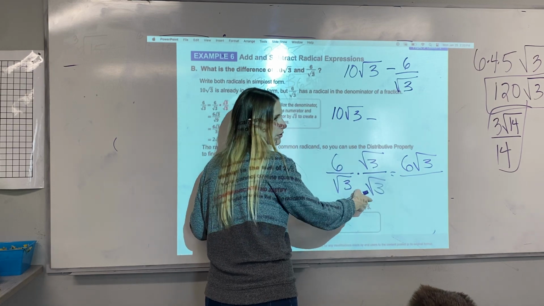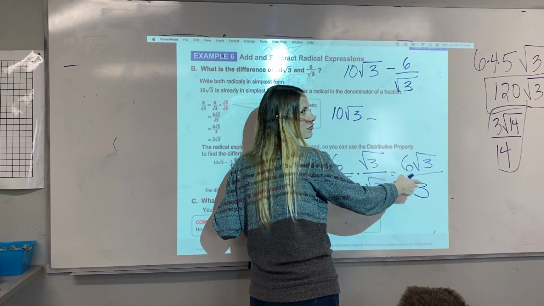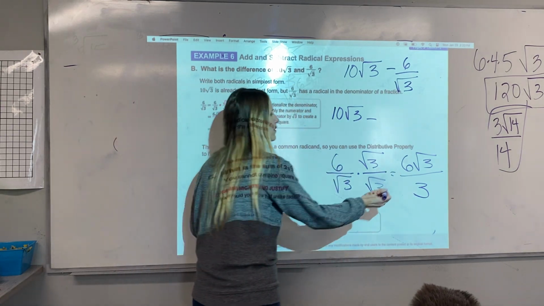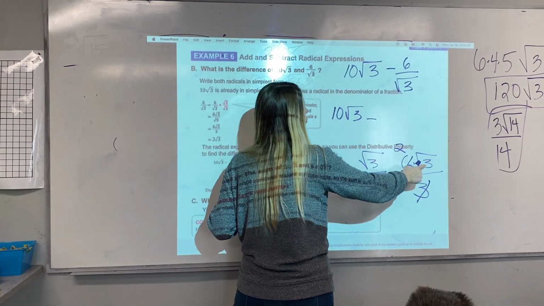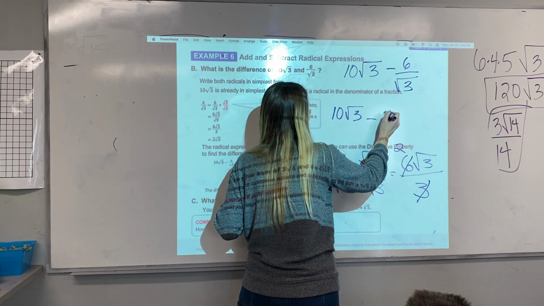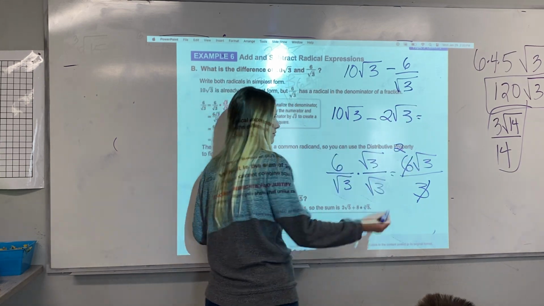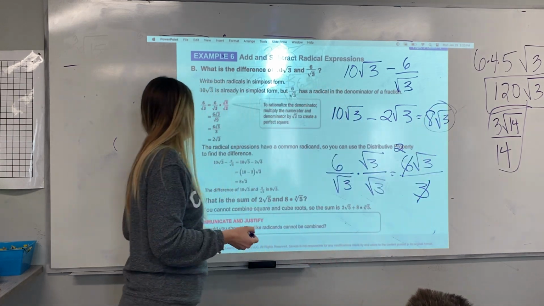Radical 3 times radical 3 is 3. 6 over 3 is 2. So this changes to 2 radical 3. So I have 10 radical 3 minus 2 radical 3, and then you subtract 10 minus 2 and you get 8 radical 3. That's it.